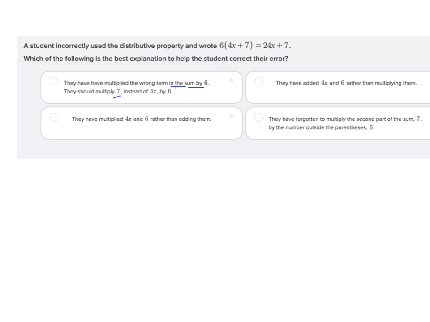They should multiply 7 instead of 4x by 6. Well, no, because what we should have done, I mean, just think about it. If you do it first, what would you do? You would have multiplied both by 6. So what should you have gotten for an answer? You should have gotten 6 times 4x plus 6 times 7, which is going to be 24x plus 42. What did they forget to do? They forgot this part right here. That's what they left out.